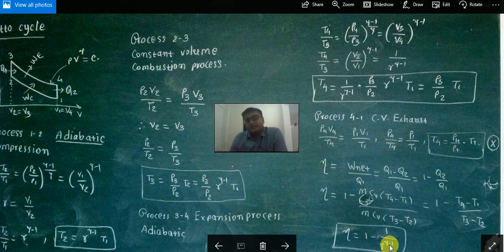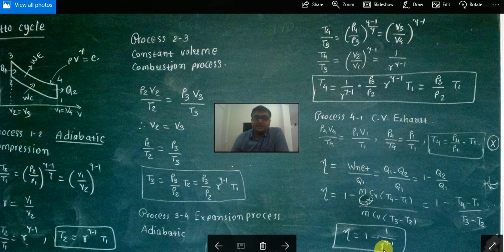The main thing to know about this equation is that it gives the air standard efficiency of the Otto cycle, not the actual efficiency. It means you are assuming that only air is supplied in the Otto cycle, and this efficiency depends only on the compression ratio.